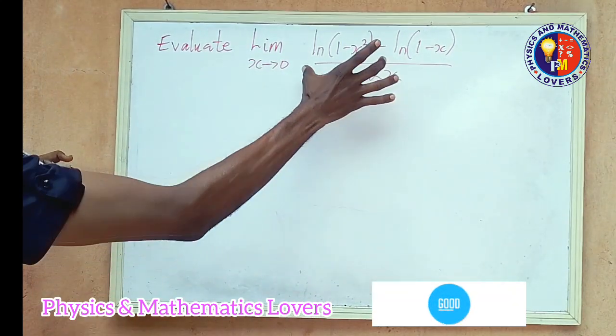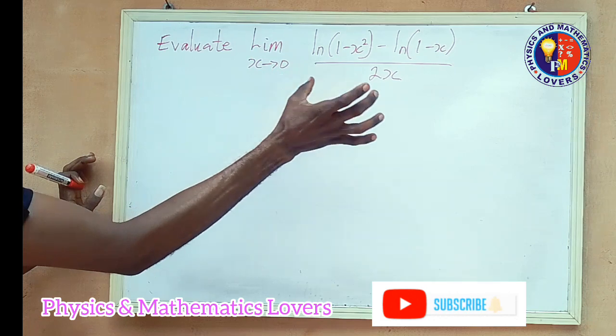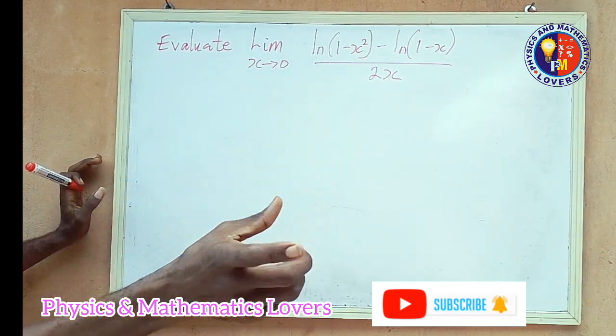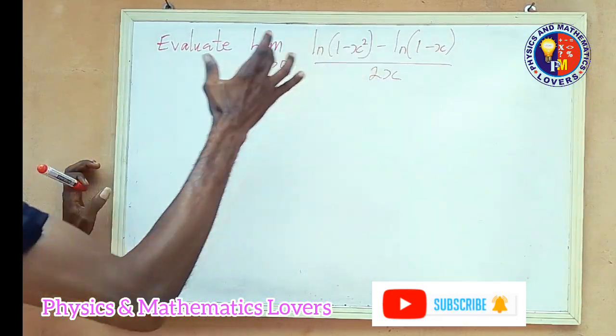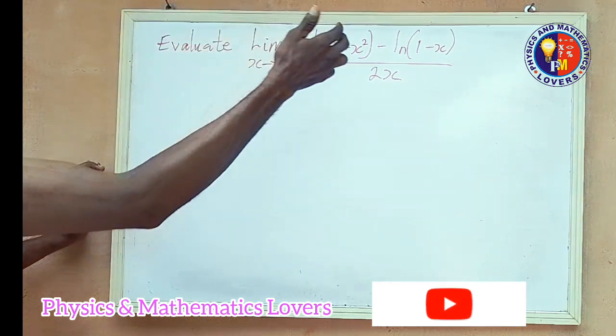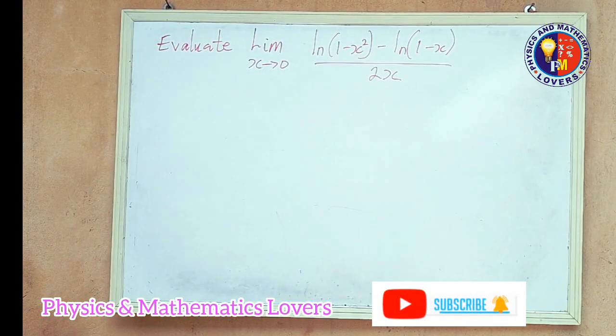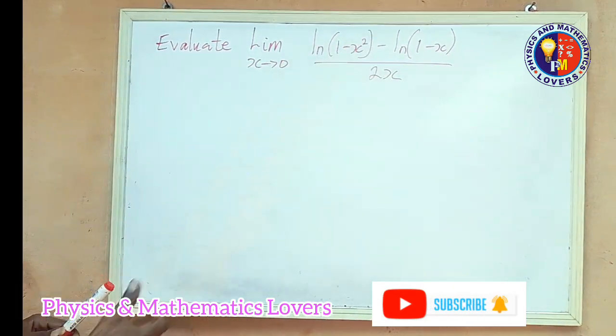Now, before we evaluate this limit, we have to do justice to this numerator. So we have to apply the laws of logarithm. Let us combine this and this together.